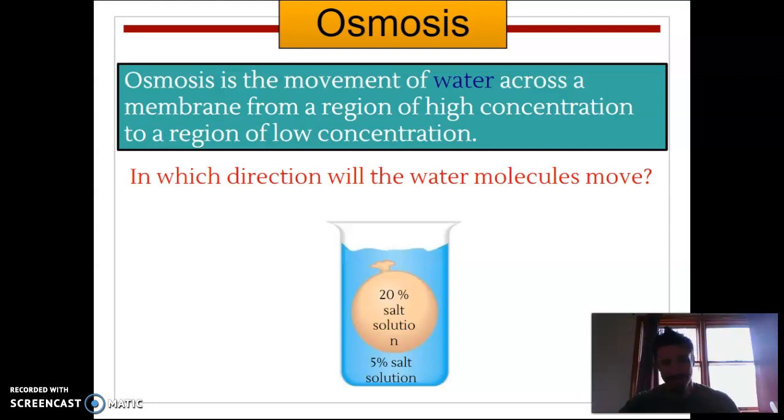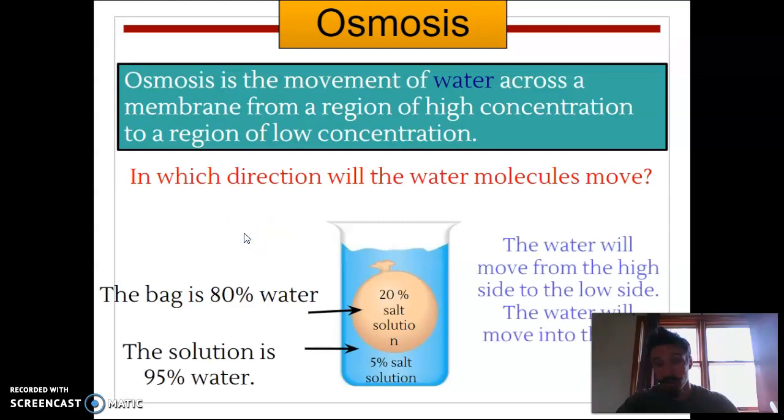So let's look at this example again. I kind of gave it away in the last slide. 20% salt in the bag means 80% water in the bag or balloon. 5% salt outside, meaning 95% water outside. Greater concentration of water outside the bag. So that means that water is going to flow into our bag, our balloon, if you will.